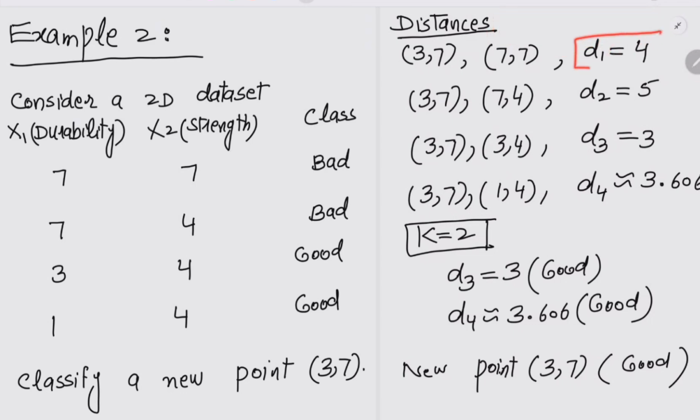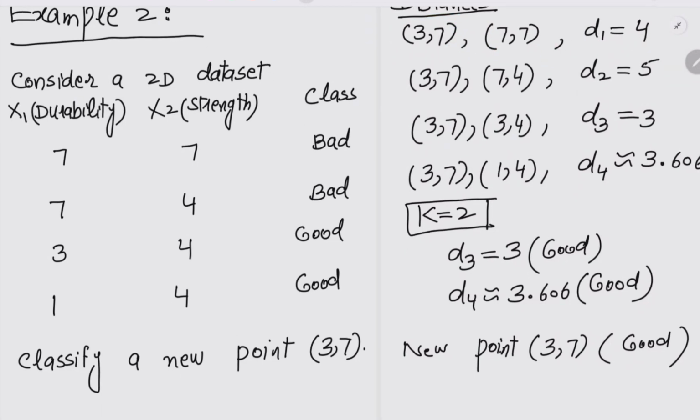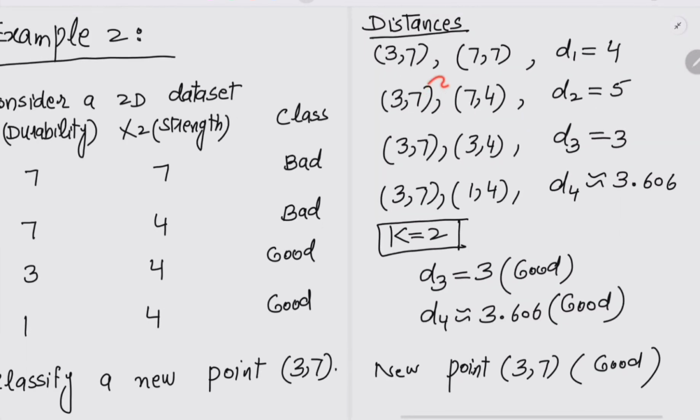So the first distance from the unknown point to the given data is 4. Similarly, the distance from 3 7 to 7 4 is 5. The distance from 3 7 to 3 4 is 3, and so on. The distance between 3 7 and 1 4, distance number 4, is 3.606.